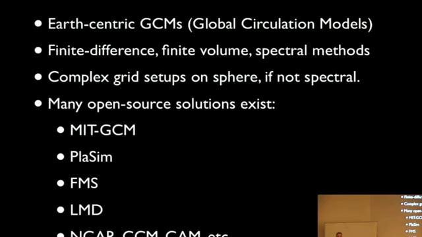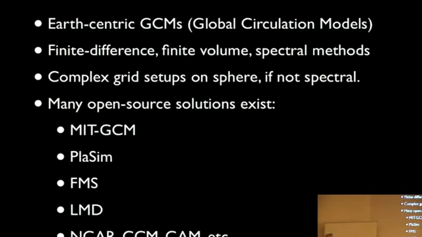It's nice to have these different approaches because, as you can guess, we don't have real information on what's going on in terms of atmospheric dynamics on exoplanets. So one of the things we have is comparison between different methods and trying to look for consistency. Model intercomparisons play an important role in this business.